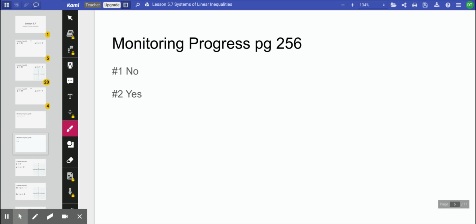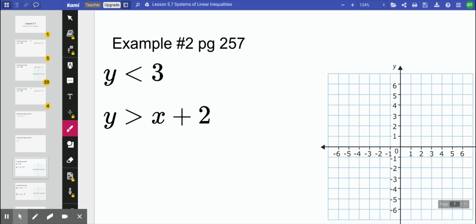So we can move on now to a couple special examples that I just want to touch on. Example number 2 is only asking you to graph the inequality, and I just noticed there's a typo on this one. That should be equal to.